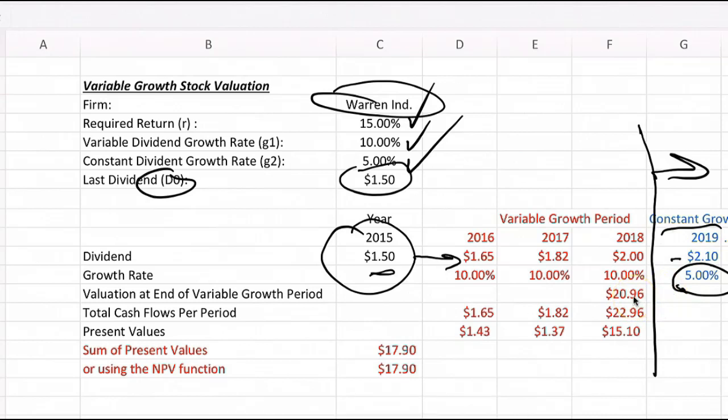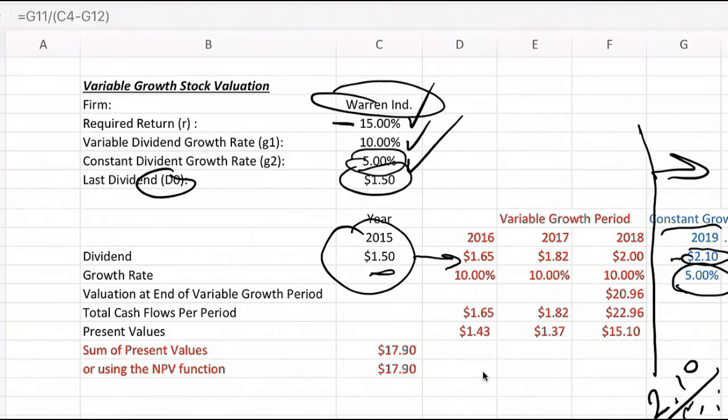So if we look at the cell, we can see that the present value of all those future cash flows during our constant growth period is $20.96, which is G11, our dividend, 2.10, divided by C4, our required rate of return of 15%, less our long-term constant growth rate of 5%. That's where we get the 20.96.